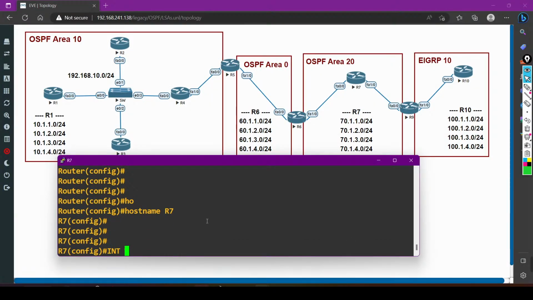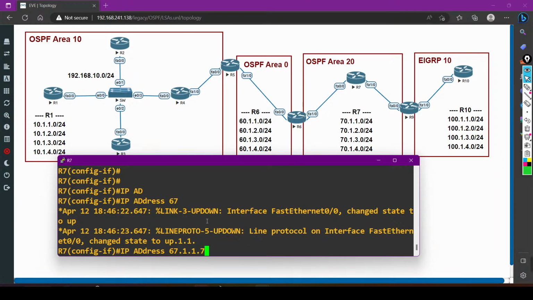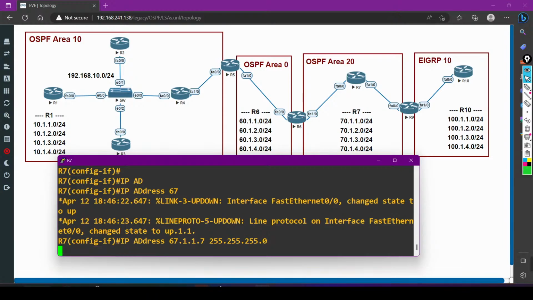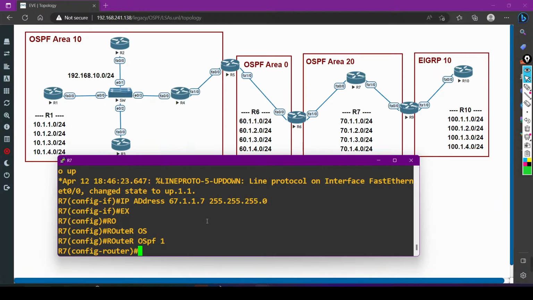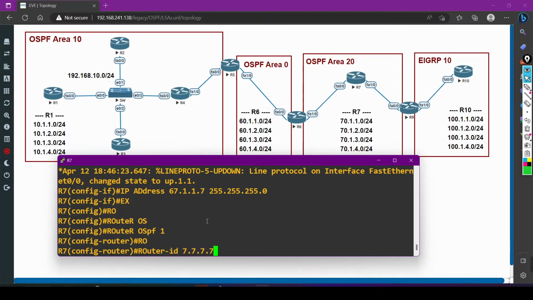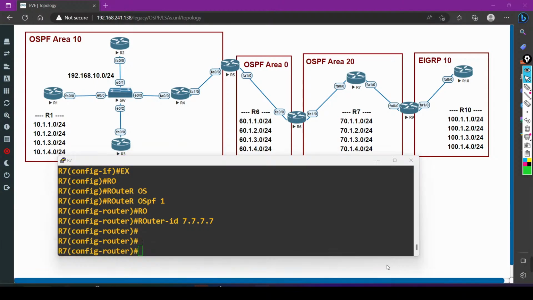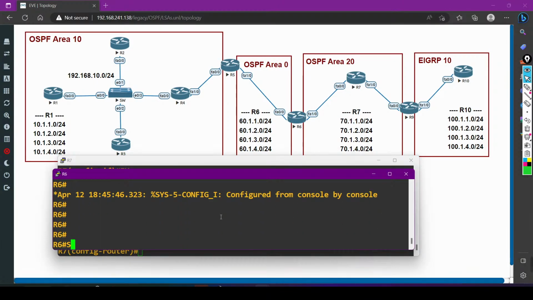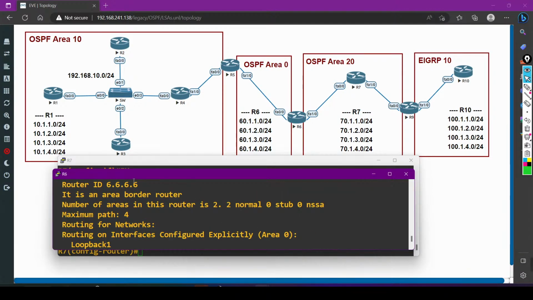Now interface F0/0, no shut. What will be the IP address here? 67.1.1.7. Am I right? Yes, sir. Okay. And router OSPF 1 and router ID 7.7.7.7. I have configured the router ID on router number 6 or not? So show IP protocols. What is the router ID of this router? 6.6.6.6.